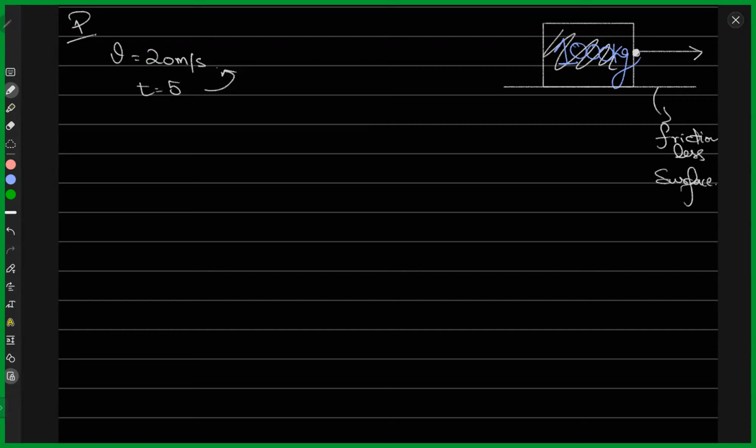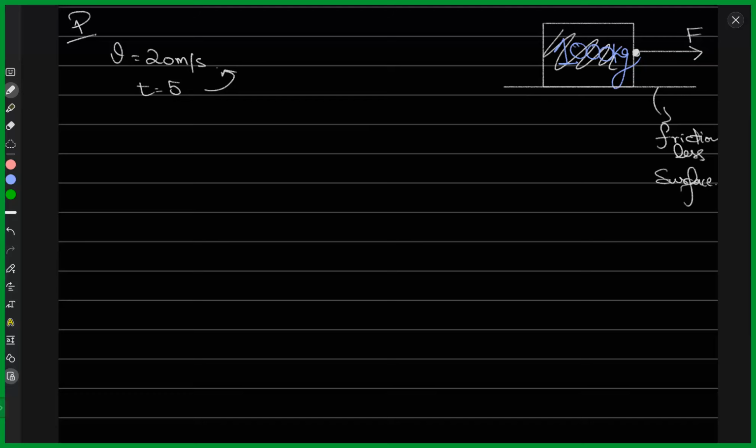So what you have done is, obviously, you have applied a force to the right, which has produced an acceleration, and the velocity increased from 0 meters per second to 20 meters per second. And this increase in speed took a total time of 5 seconds. We are required to, first of all, at least compute this force, right?